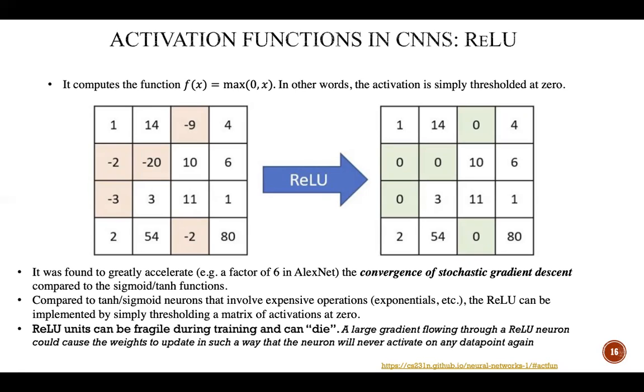Based on some of the resources that I have read, they claim that ReLU greatly accelerates the convergence of stochastic gradient descent compared to the sigmoid and tanh functions. I do not want to go into the details of this discussion, but what convergence of stochastic gradient descent means here is that you are learning better and quicker using the ReLU function inside your convolutional neural networks.